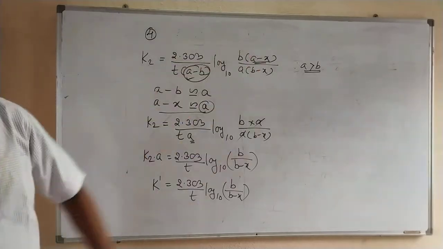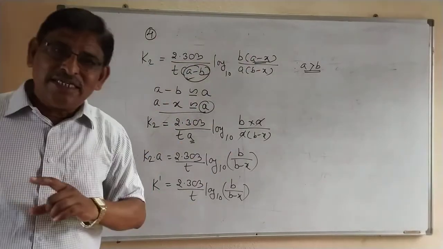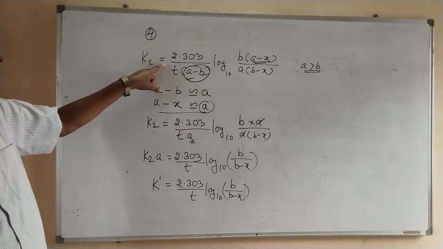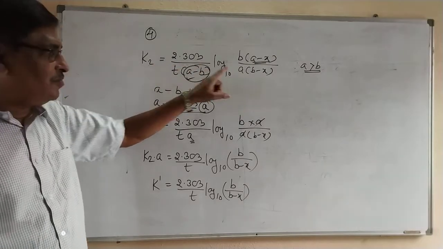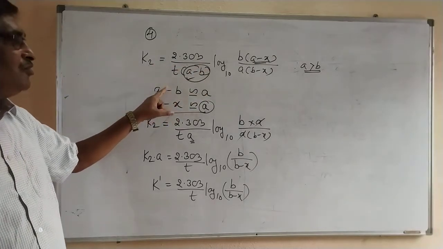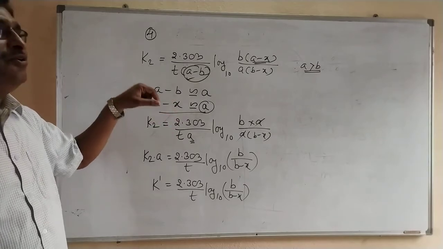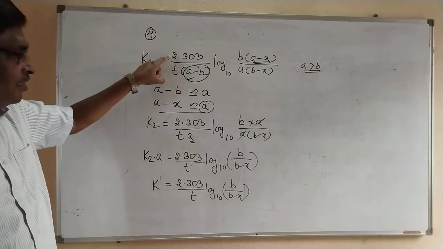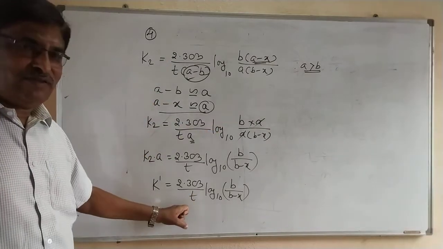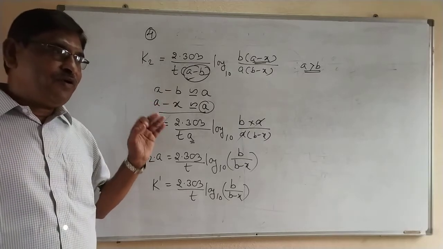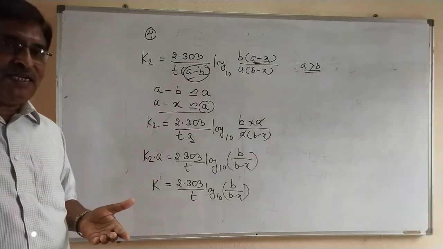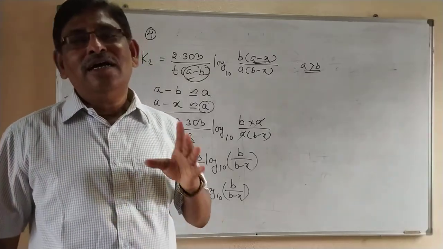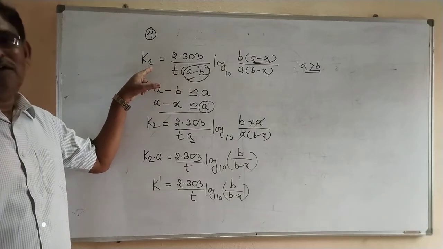After imposing the conditions, that is, one of the reactants is taken in large excess, second order changes into first order. Applying the condition, a is too large, b is too small, and x is smaller than a and b. We separate the terms and we get this one. That means when one of the reactants is taken in large excess, the second order changes into first order. These are the four characteristics of second order reaction.